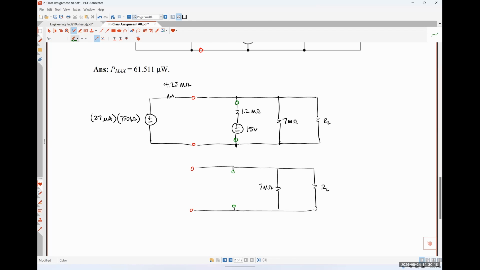Okay. So when I convert that leftmost practical voltage source into a practical current source, what I'm going to wind up having is a 4.25 megaohm resistance here.